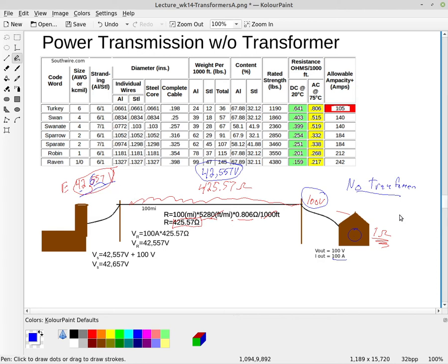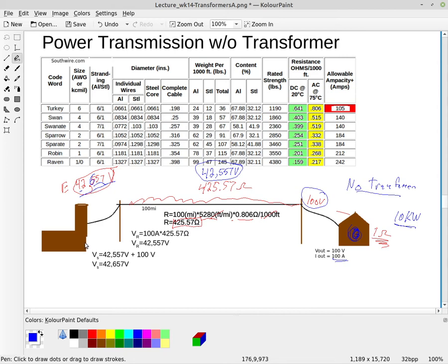And remember, we already said before that my house is using 10 kilowatts. If I'm running 100 amps, that means it's 10 kilowatts of power to my house. So they're delivering to my house 10,000 watts of electricity.